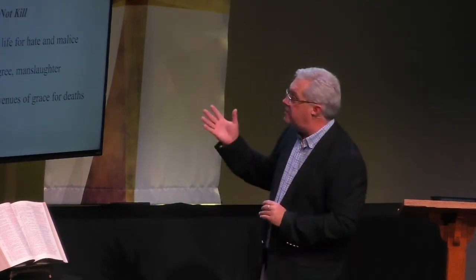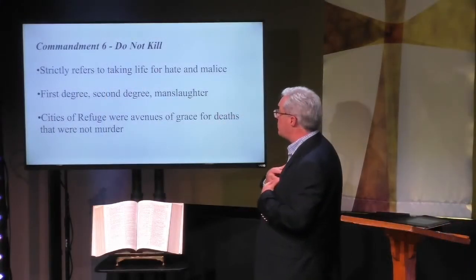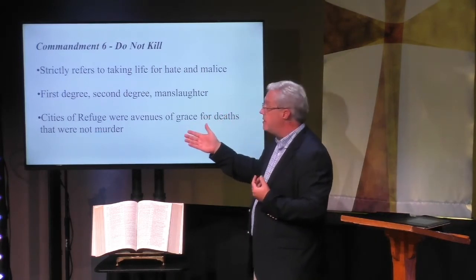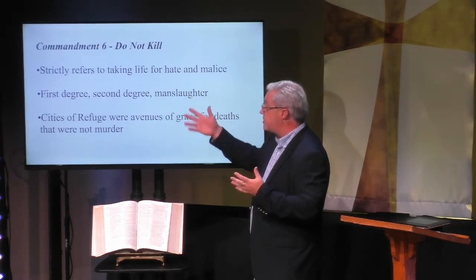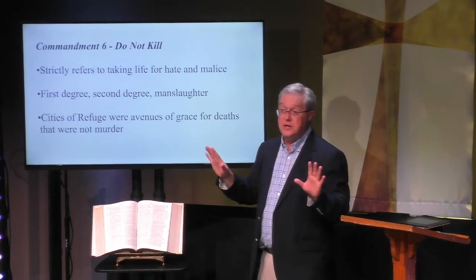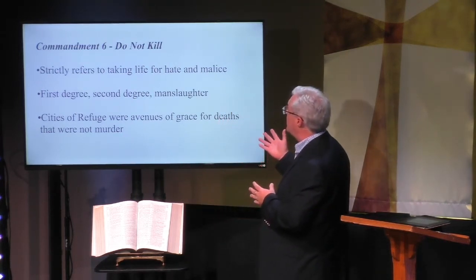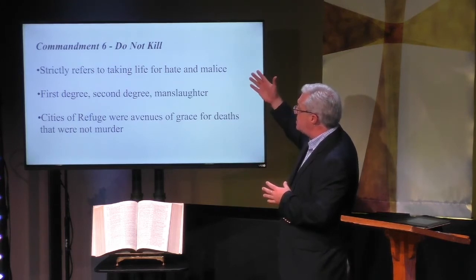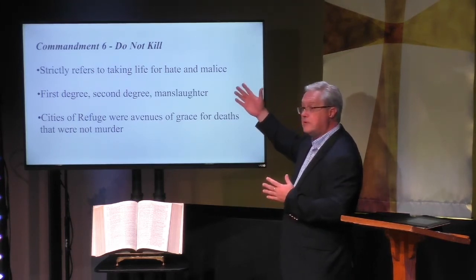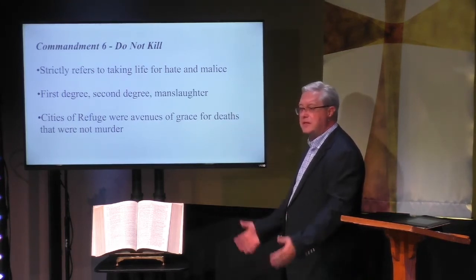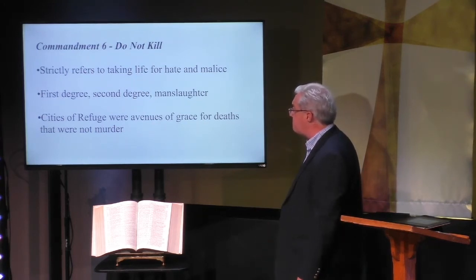But the commandment itself is talking about what we would call first degree murder, and there were manslaughter and second degree murder. Those were actually part of the biblical code as well. But for this one, it says we don't need to kill people because we get angry with them, and that makes sense at the most basic level.